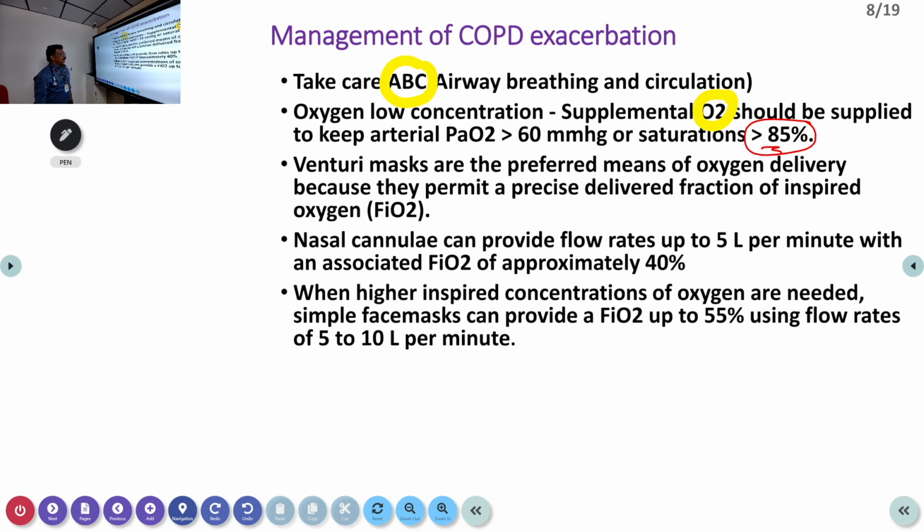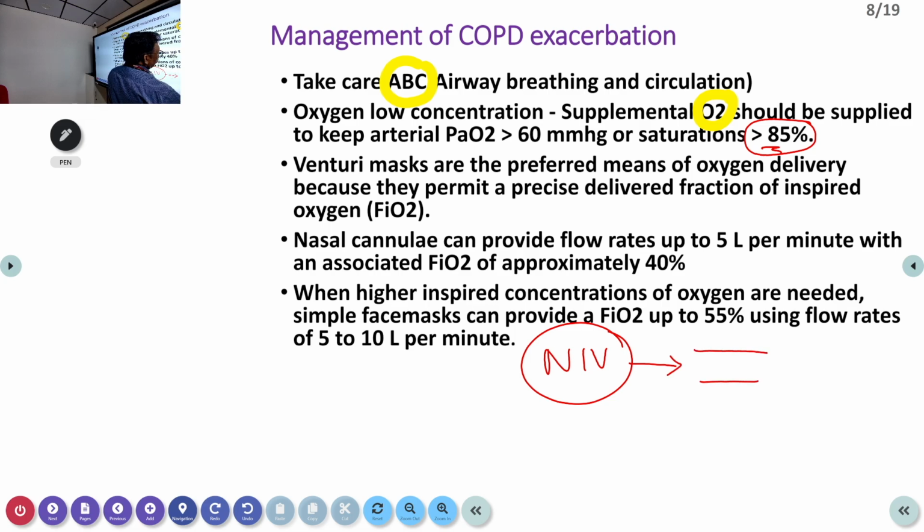We can go for various types of mask, but we always prefer to go for NIV. The advantage of NIV is that, like CPAP, you give forceful air. The problem in COPD is the alveoli, either it is like asthma, obstructed, or these alveoli are dilated, so air will be trapped inside and it may not go outside.